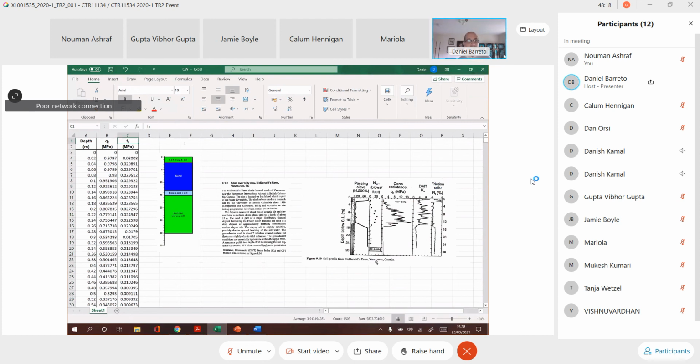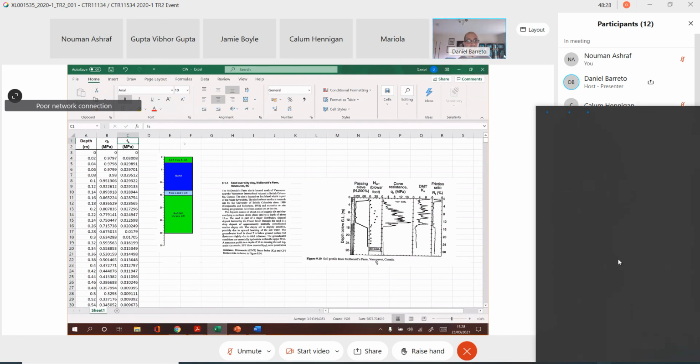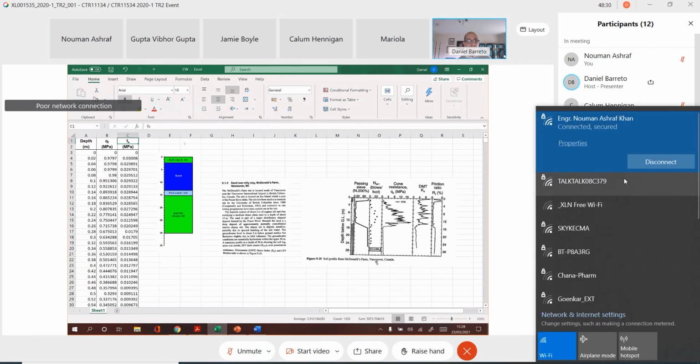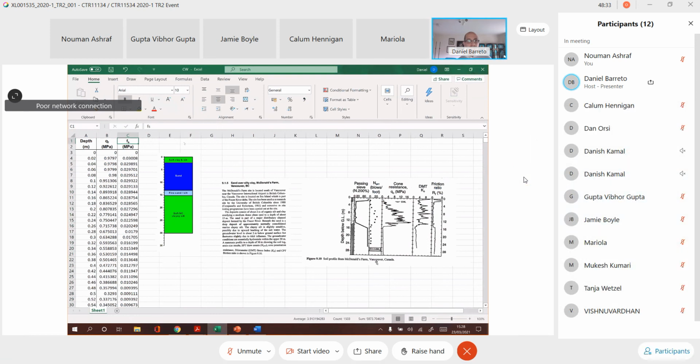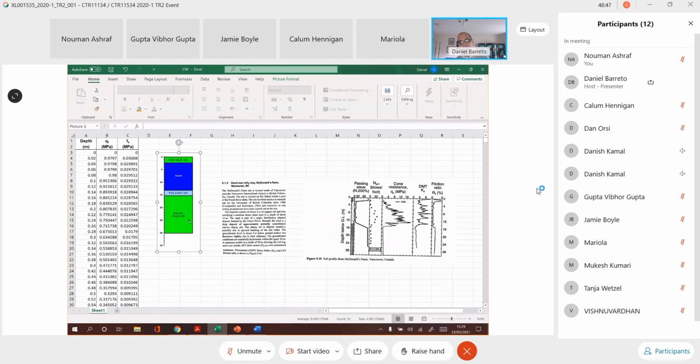But the idea is that from a much deeper layer of normally consolidated clayey silt again.